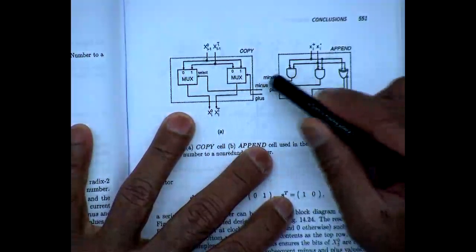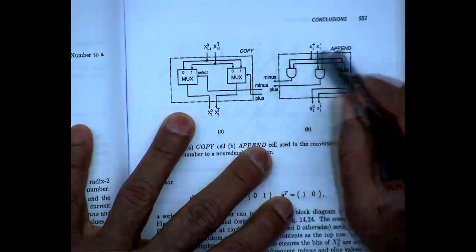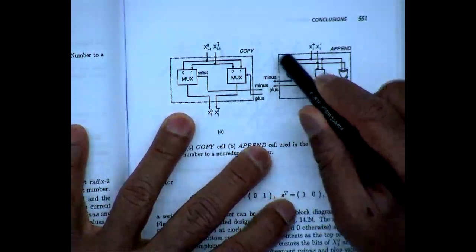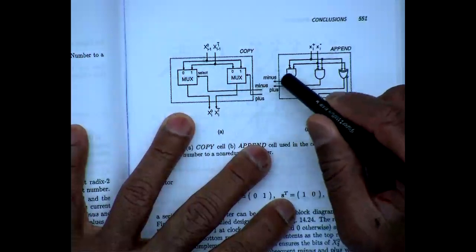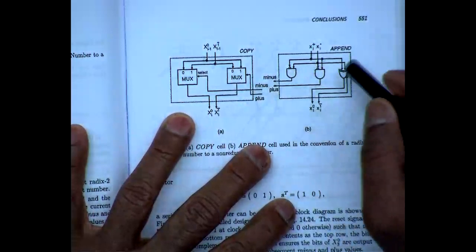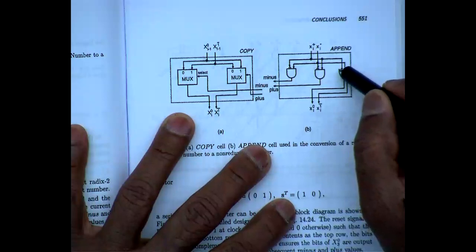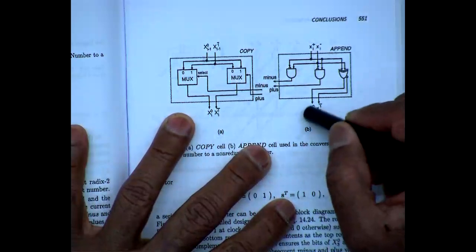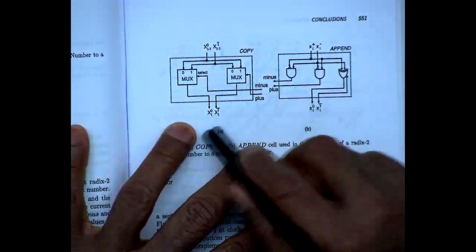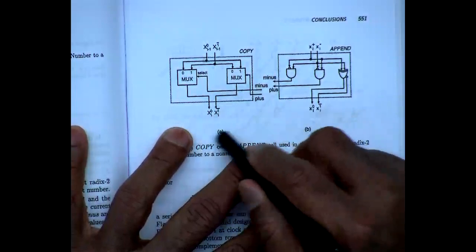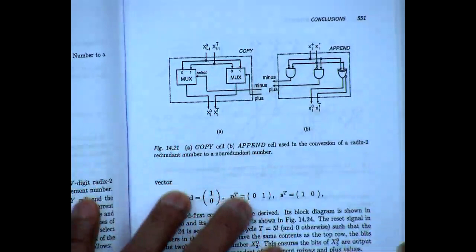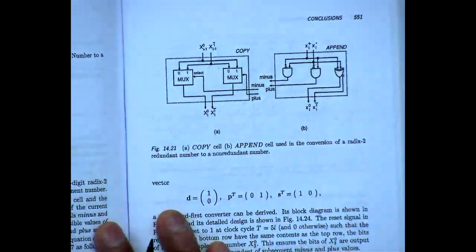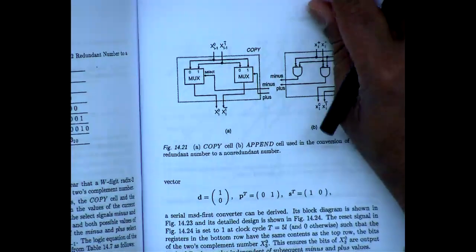So what is the function of this append cell? The append cell, from x plus and x minus, generates the control signals minus and plus, and generates the exclusive OR and exclusive NOR that need to be appended to what was computed before. Okay, so that's really the whole process.